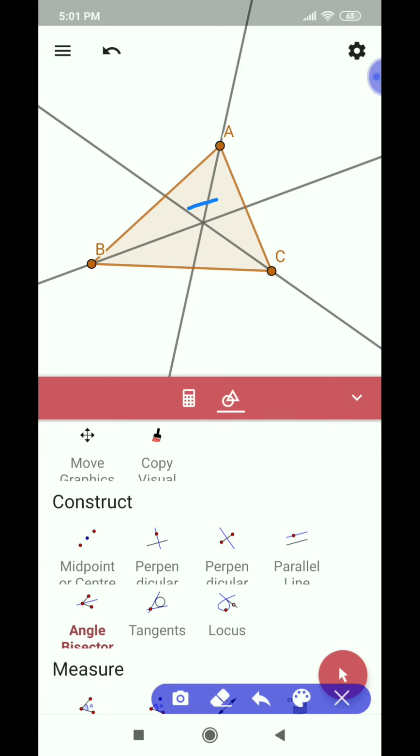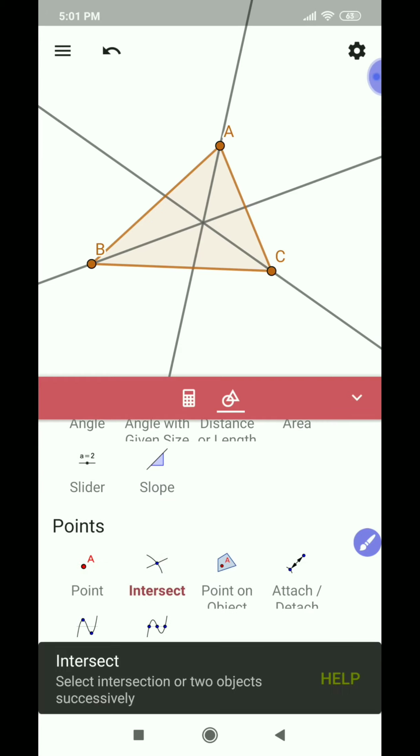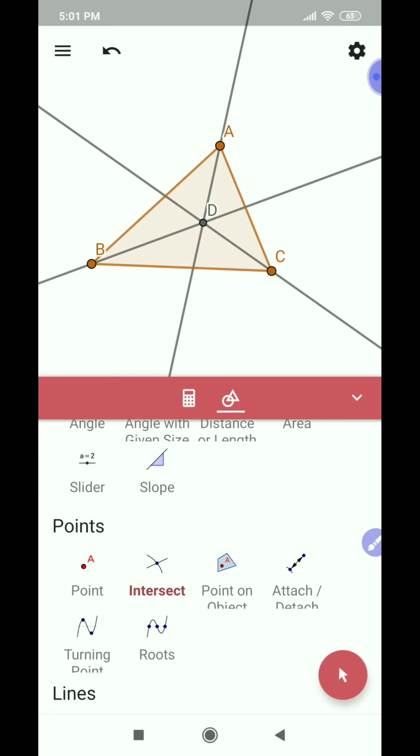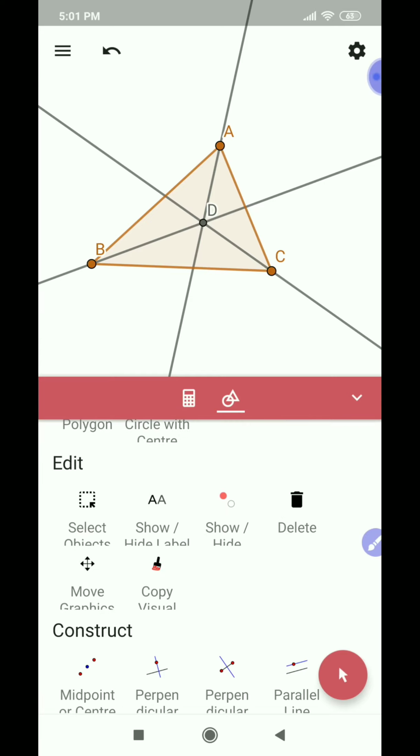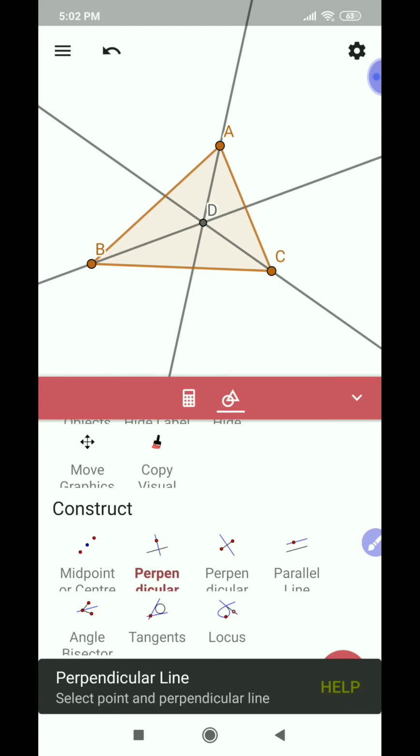Yes, they are all concurrent. Let us name the concurrent point. Yes, it is D.